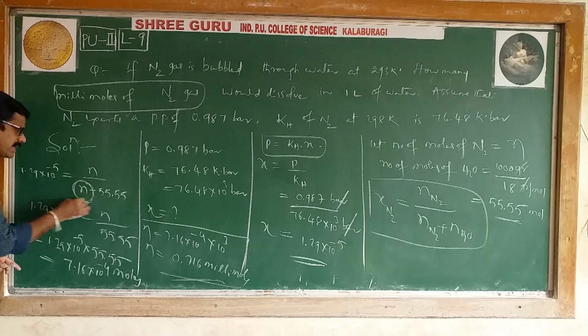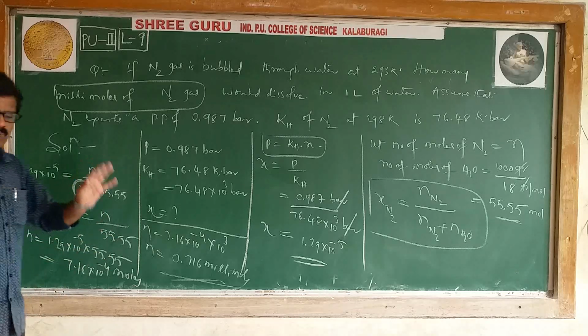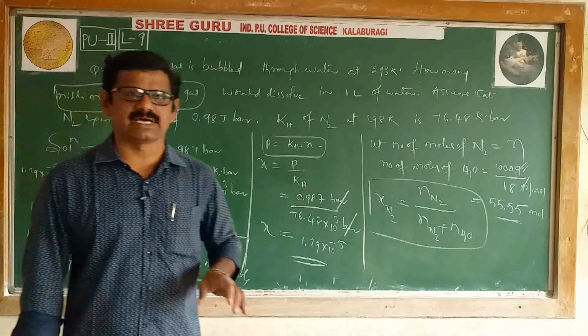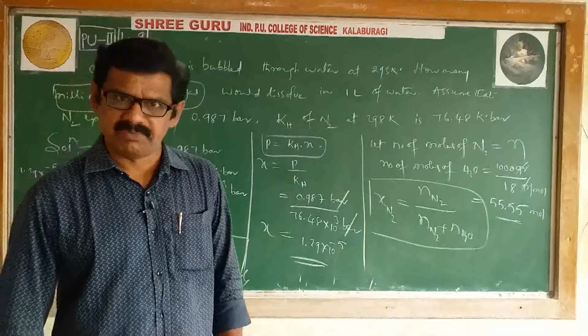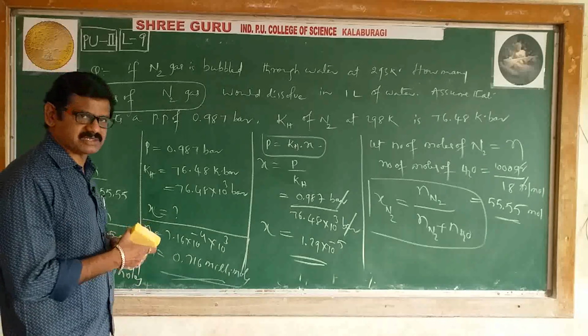That's why the number of moles of nitrogen has been eliminated from the denominator. That's why you get 1.29 into 10 to the power of minus 5 equal to n by 55.55 only. n equals cross multiplication. First you get it in moles, and if you divide that by 1000, you get millimoles.